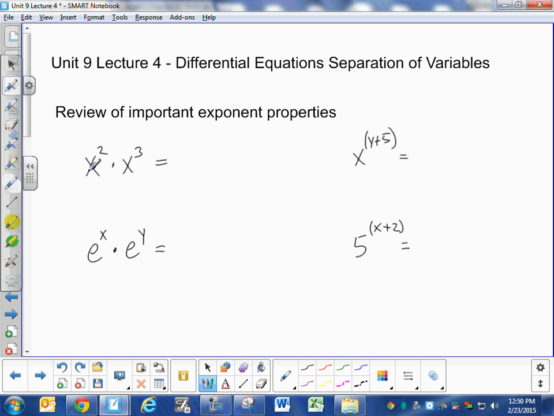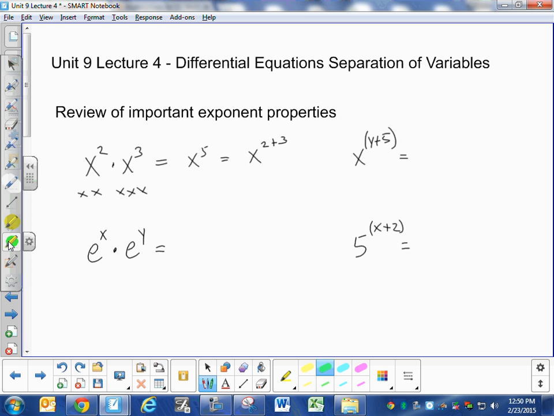So if I have x squared times x cubed, I always tell my algebra students, when in doubt, write it out, that's a total of 5 x's being multiplied together. And through that, they can generate the rule that x squared times x cubed is really x to the 2 plus 3. This is a true statement.